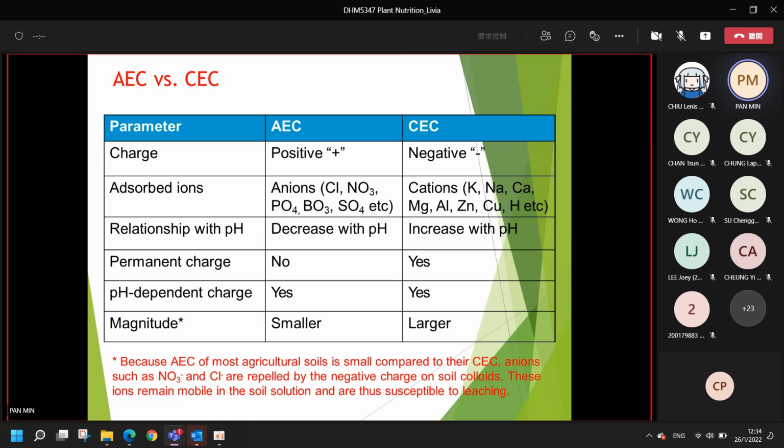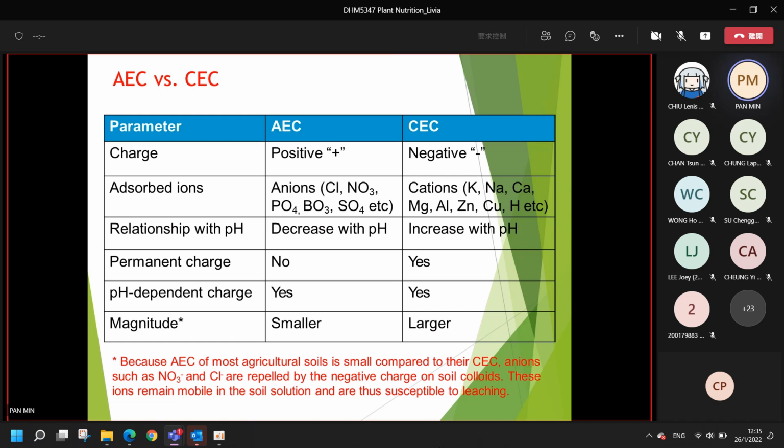However, it is also important to nutrients and plant growth. The AEC is 100% pH dependent charge and doesn't have permanent charge. The CEC can be affected by pH, and also by the permanent charge, so we need to know the balance for it.